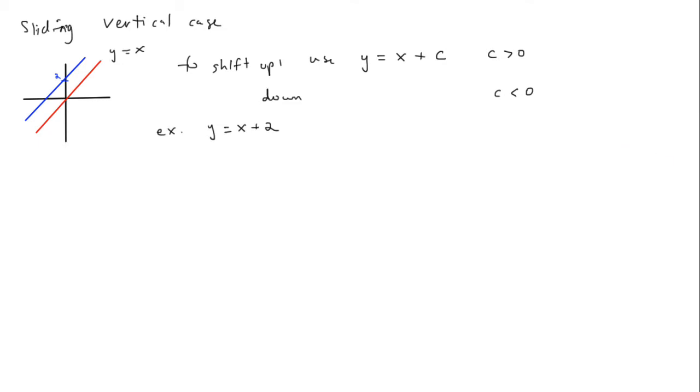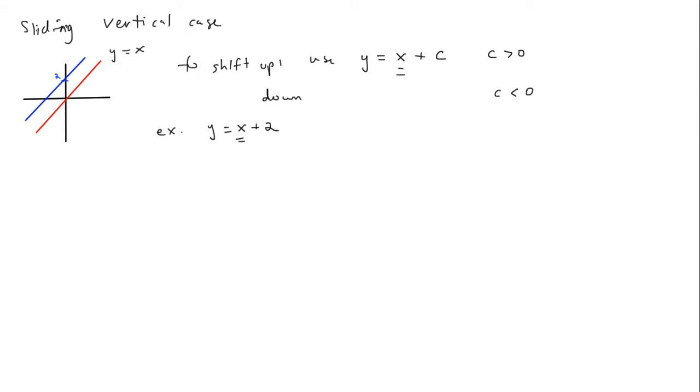So notice here that in the case that we're working with a straight line, both of my lines have the same slope, so they should be parallel when I draw them. The only difference is that the blue one is shifted up by a few units. Okay, so the vertical case is very, very straightforward. If you want to go up, you add. If you want to go down, you subtract.